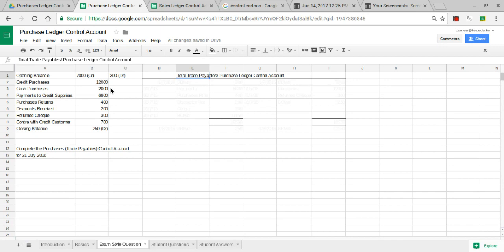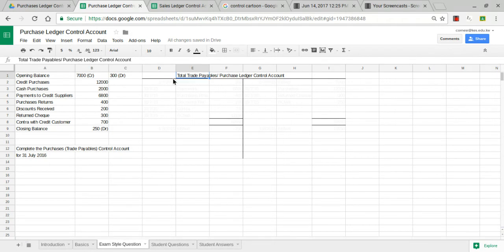Cash purchases don't affect credit suppliers because we've bought them for cash. And it's also possible that we might have an unusual debit opening balance because goods may have been returned, for example, after a supplier's been paid, or we may have made an error and paid a supplier too much.